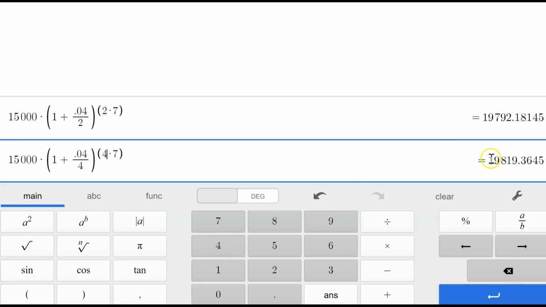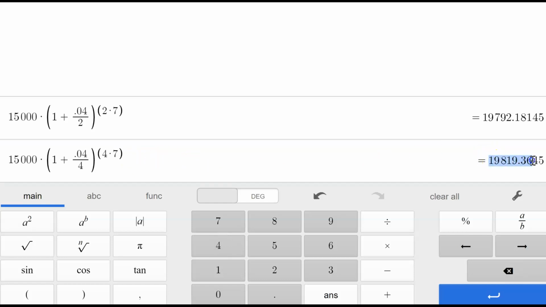And this is the value. Again, you do 2 decimal places. Make sure to check the number to the right of the second decimal place and see if it is greater than or equal to 5. If it is, you add 1 to the number here. In this case, this is 4, so we just copy this. The highlighted number is the number you're going to type in as the answer on your test.